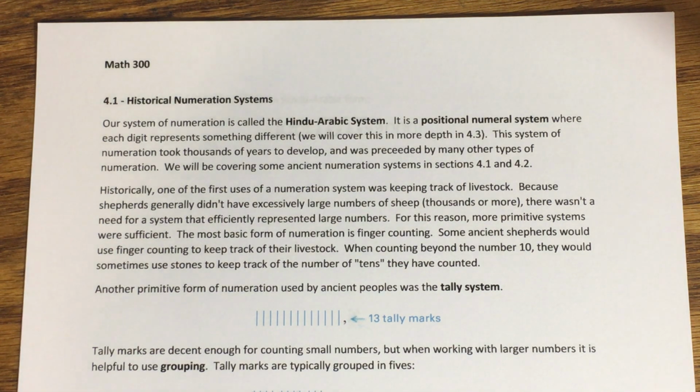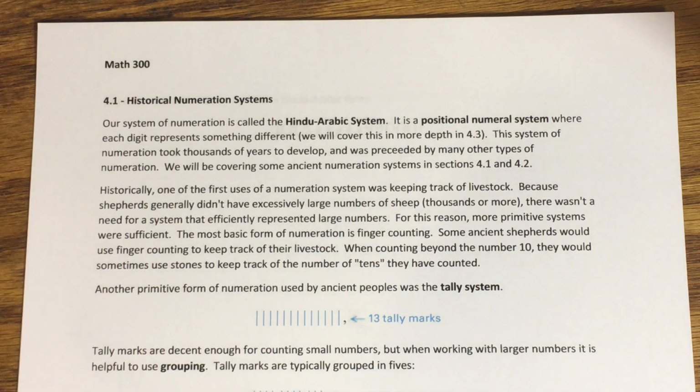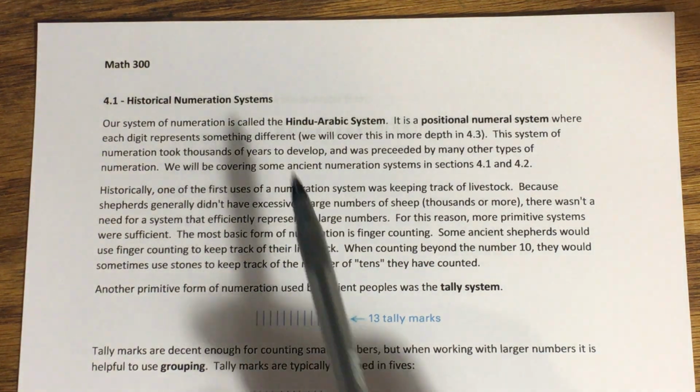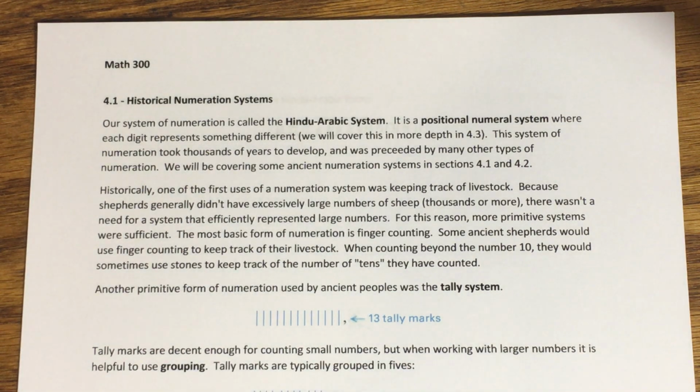It's been around for a while, but it actually took thousands of years of civilizations using numeration systems to get to the point where we have the way of representing numbers that we have today. There were lots of other primitive forms of numeration that preceded this, and that's what we want to look at. So we're going to talk more about the Hindu-Arabic system starting in section 4.3.